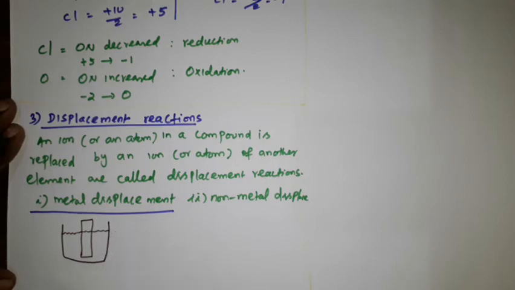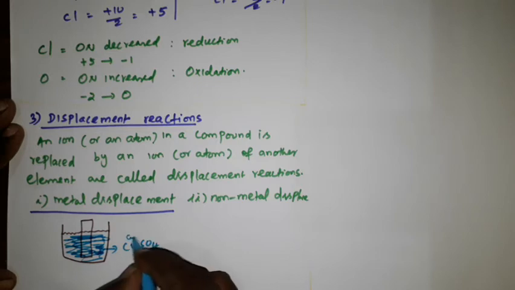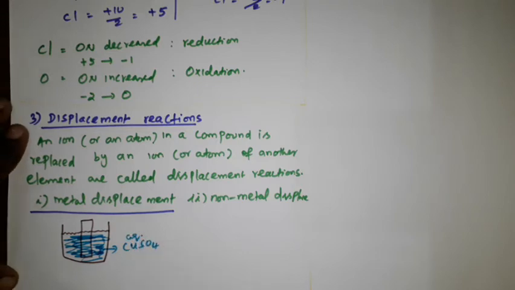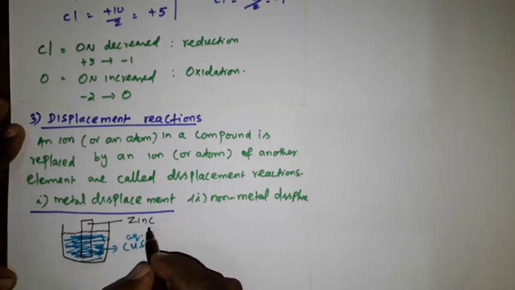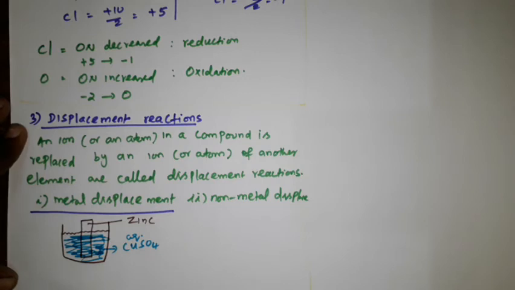Aqueous copper sulfate is always blue in color. Aqueous means that the salt is dissolved in water. And this metal is zinc. Then observe the solution.